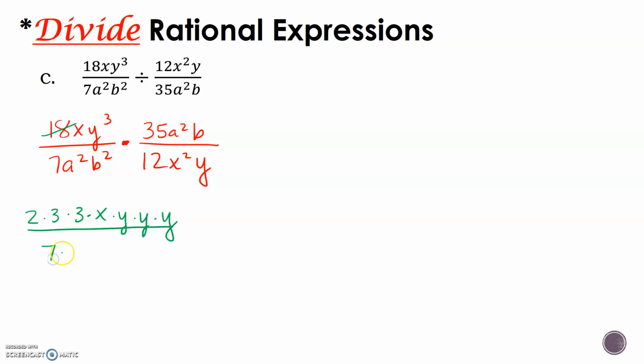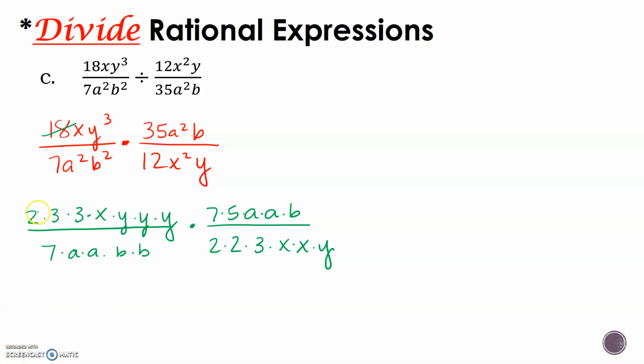Over 7 is prime, a times b times b. Times, I already flipped this fraction, so this was 7 times 5 times a times b. And 12 is 2 times 3 times x times y.